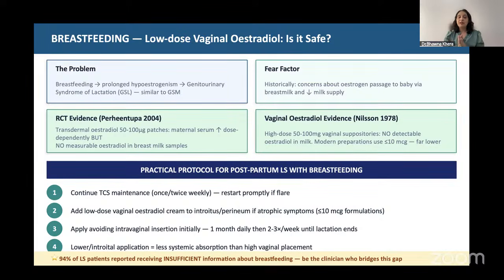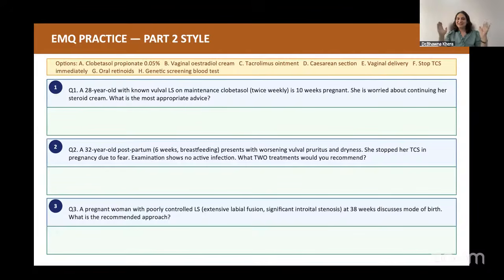Lower introital application gives less systemic absorption than high vaginal placement. 94% of the patients reported receiving insufficient information about breastfeeding. So you be the clinician who bridges the gap between insufficient information and a properly informed patient. You are the one who is going to cover this.